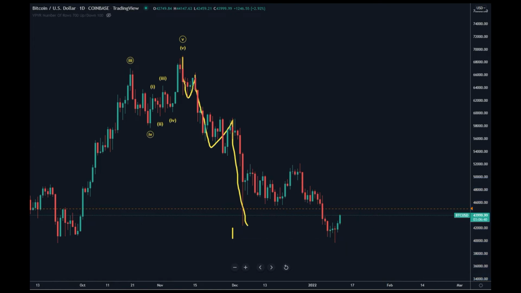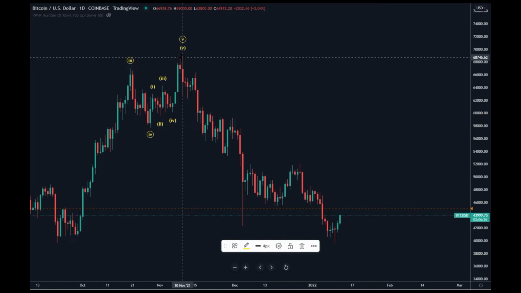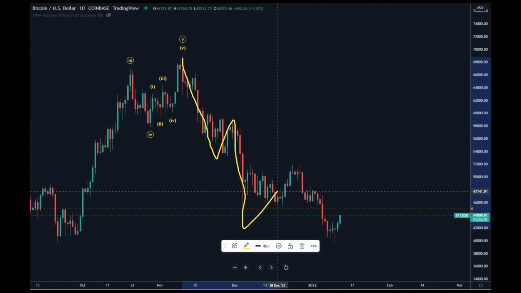There's other people out there who are labeling this as a 1 and a 2 and a 3 and a 4, and we're about to complete a 5. Okay, now that looks even more messed up than the previous one.